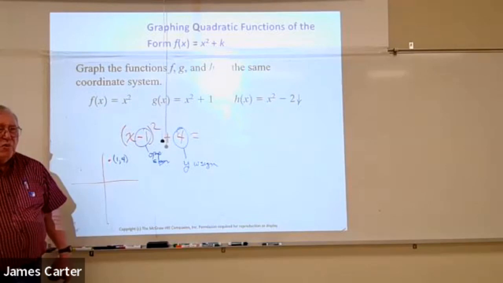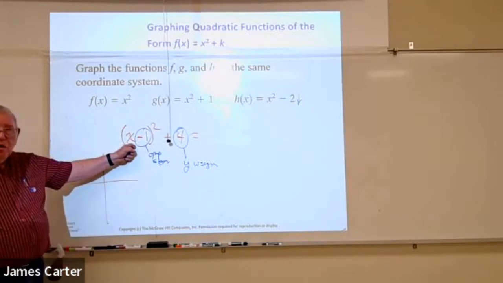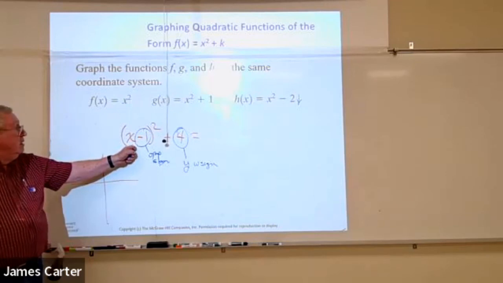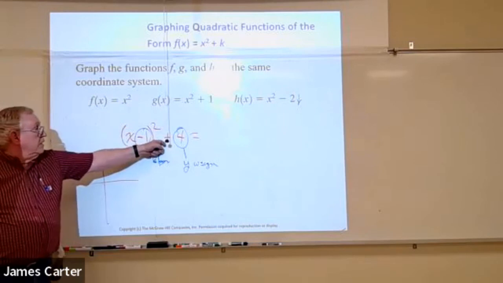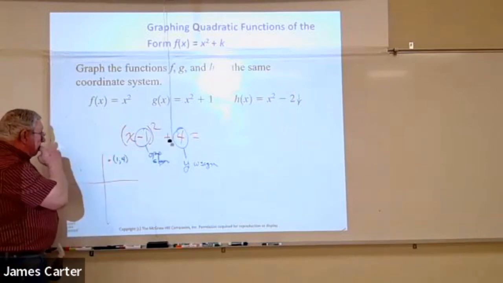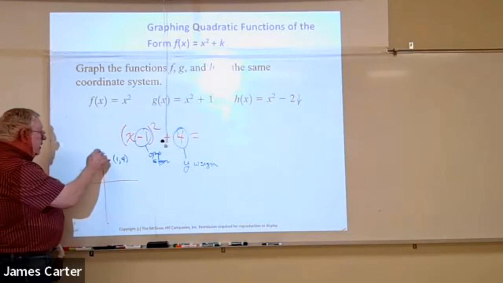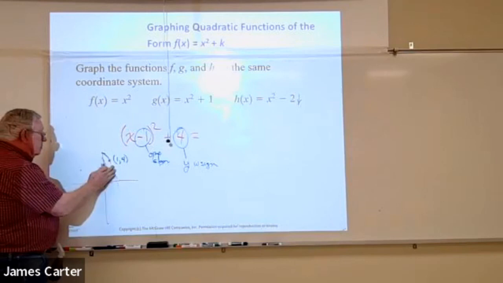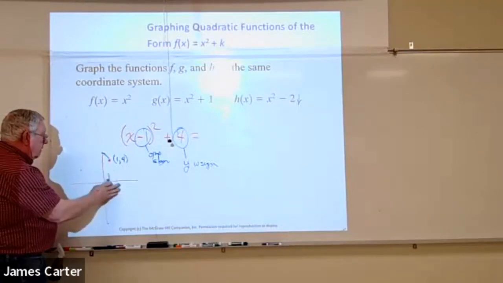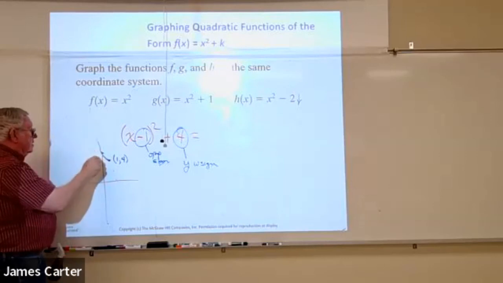Now, what if you want to know the y-intercept? Well, you're going to let x be 0. So negative 1 squared is positive 1, plus 4 is 5. Okay, so that means this thing's going to go down like, whoops, that's a vertex. My bad. This thing's going to go up like this.